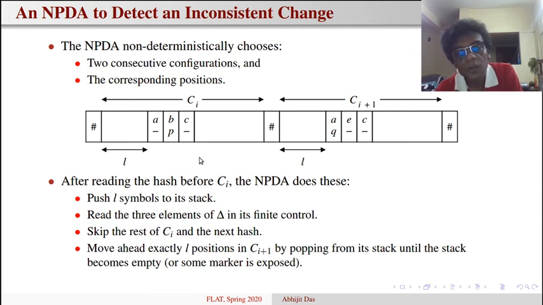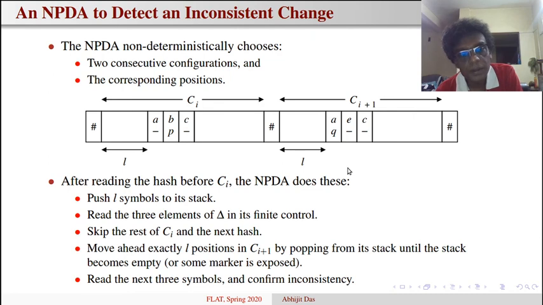The choice of Ci where there is an inconsistency is non-deterministically chosen, and this L is also non-deterministically chosen, and the stack is used to match exactly the same number of symbols here and here. Match, of course, does not mean this is equal to this; you just keep L things here and L things here. Then you read the next 3 symbols and confirm the inconsistency.